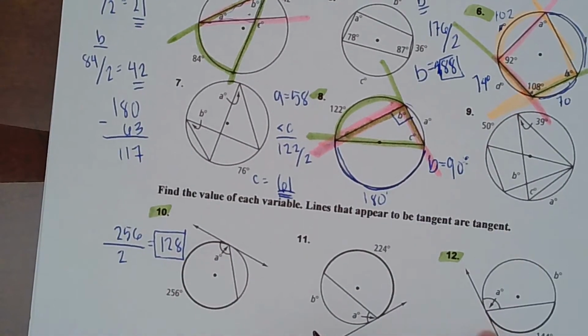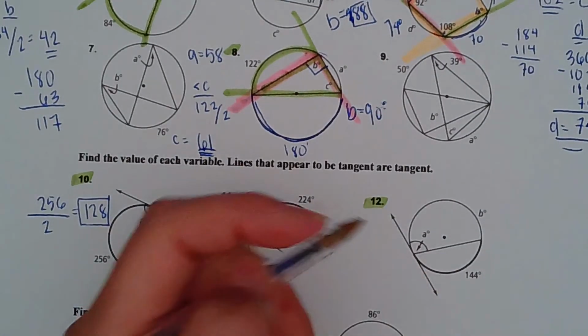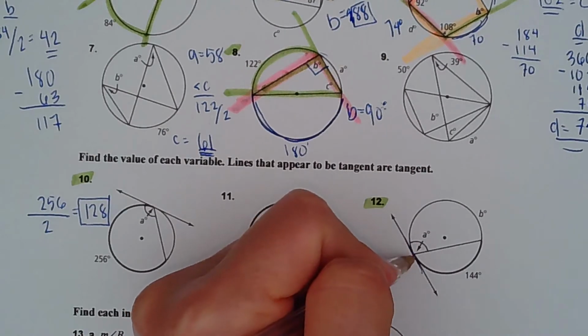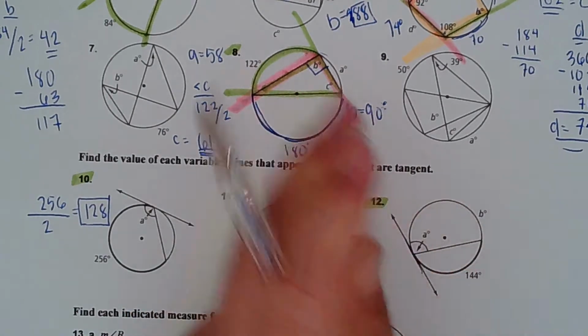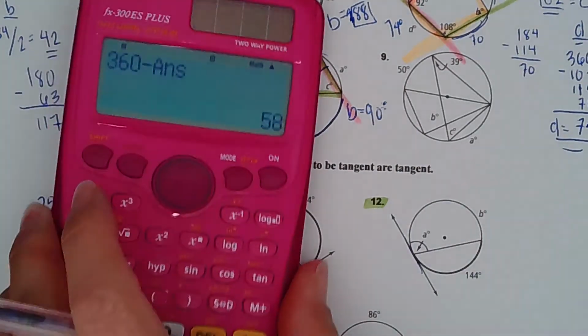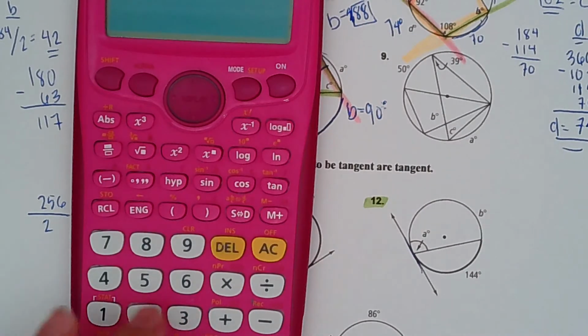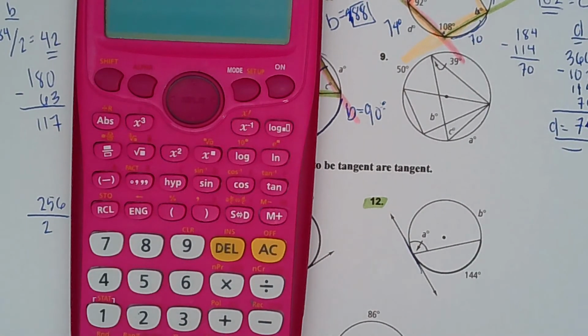Okay, so this one's a little bit different because, again, it's an inscribed angle with a tangent line. So in order to find angle A, I'm going to figure out what angle B is first. And I'm going to do that seeing that this is an entire circle, right? So I'm going to take 360 and subtract 144.